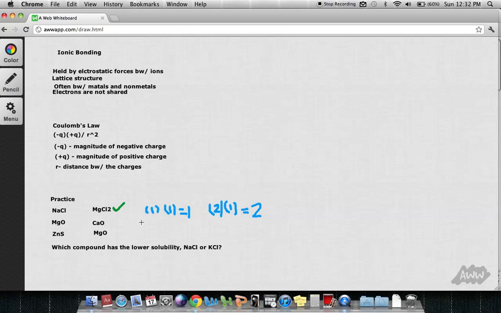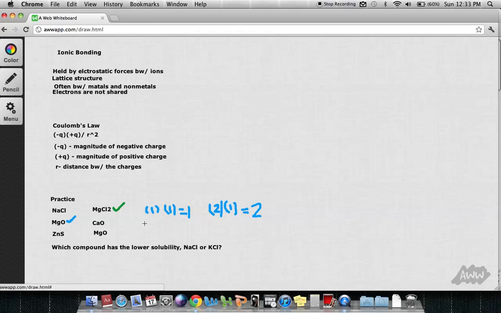Basically, in order to have a stronger ionic bond, you have to have both the cation and the anion as close as possible so that the nucleus has a stronger attractive force on the electrons. So basically a stronger effective nuclear charge.